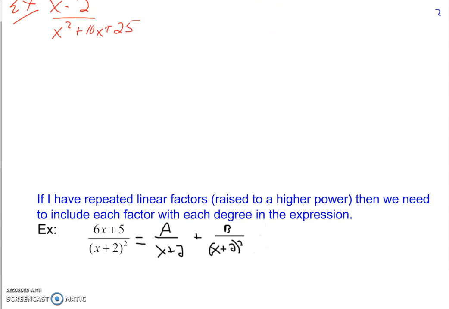Now we're going to multiply this by its common denominator, which is x plus 2 quantity squared on both sides. I wish I could write a little faster. All right, these two simplify here, and so I just have 6x plus 5 on this side.